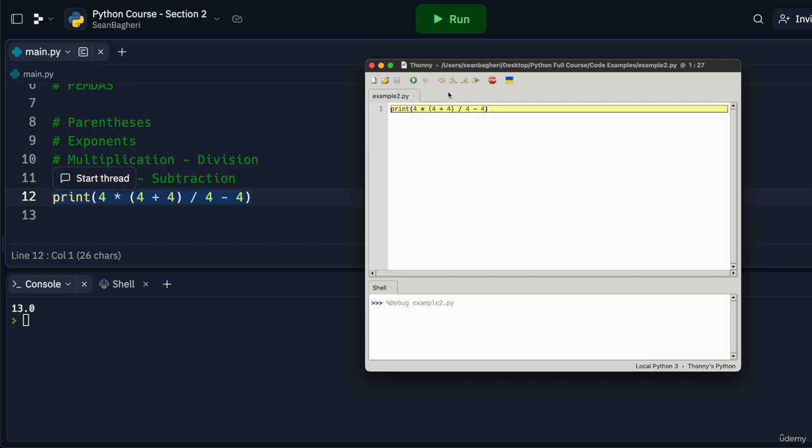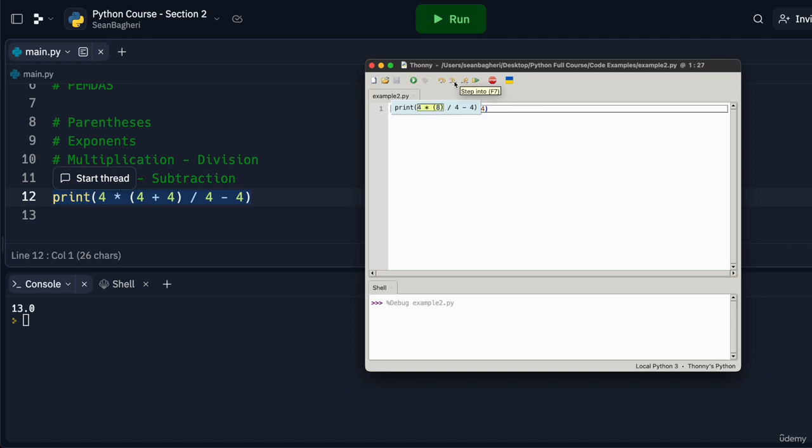Let's debug it real quick. Let's step into it. First is the whole function, and then it looks inside the parentheses, at what we have inside that first parentheses. Then it adds these two numbers to each other, making them 8.